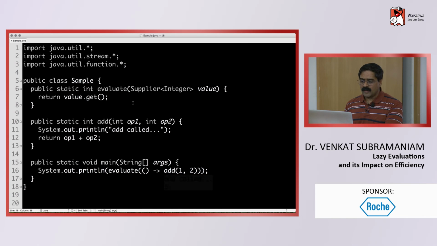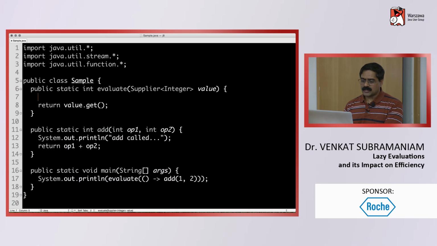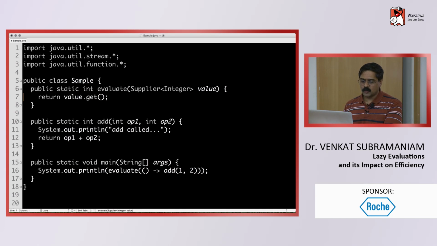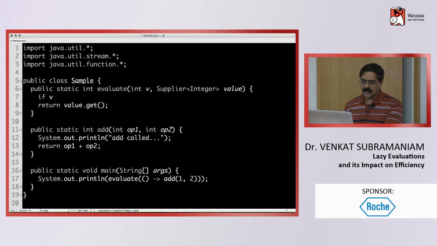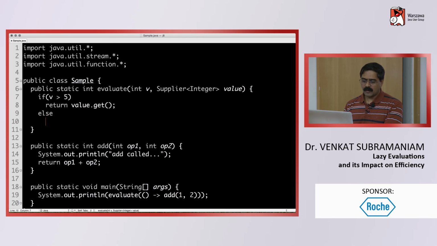But if I come back and refactor this code, maybe there are two values we are receiving, let's say int v and this. I'll say if v is greater than 5, return this value, else return, let's say, a value 4.